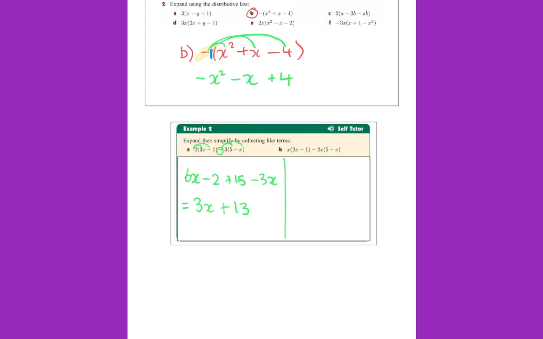And let's do the next one. The difference with this one, a really important difference, is the -2x. Because that negative belongs to that -2x. And it's going to affect how we multiply.